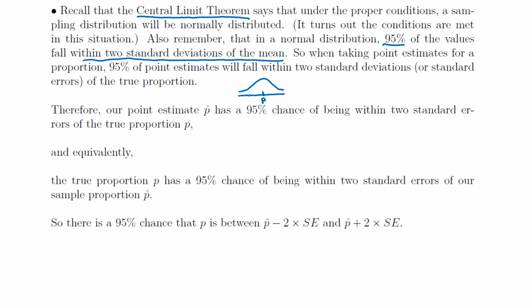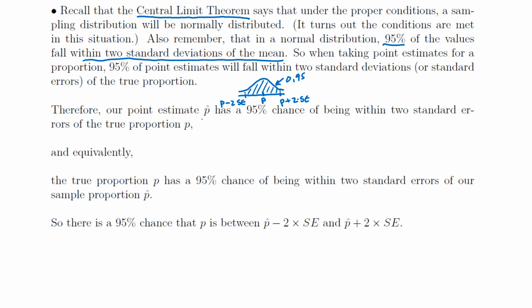So if you're taking sample after sample after sample, then what we would expect is that if we went p plus 2 standard errors, right, which is just the standard deviation of this thing, or p minus 2 standard errors, that there is a 95% chance that our point estimate is going to be in this range.